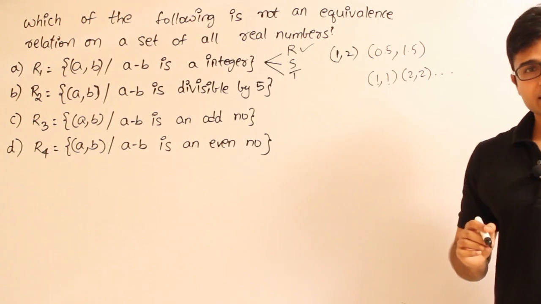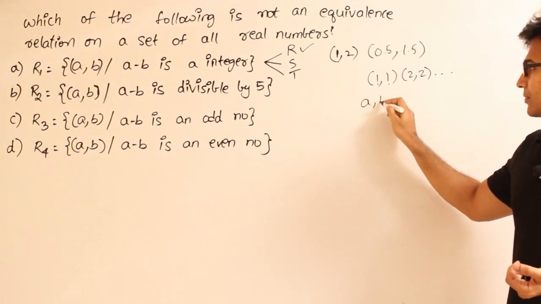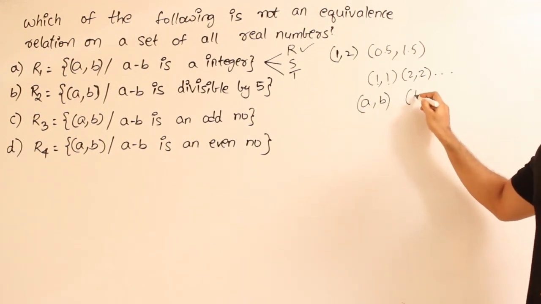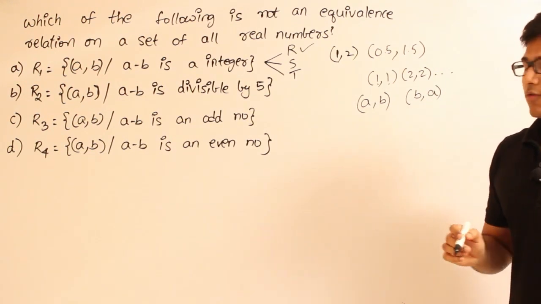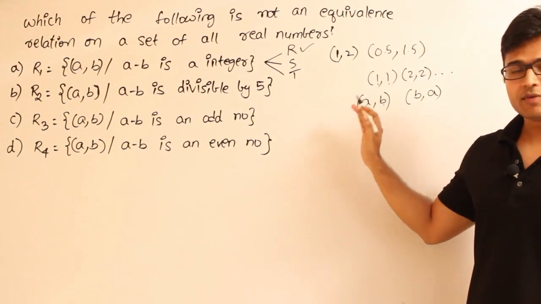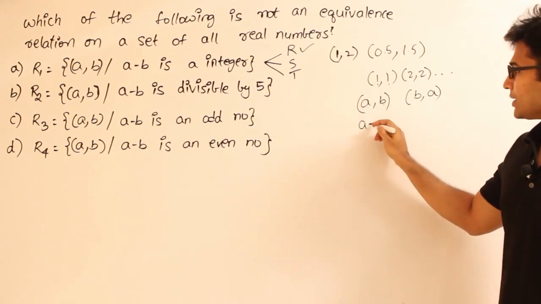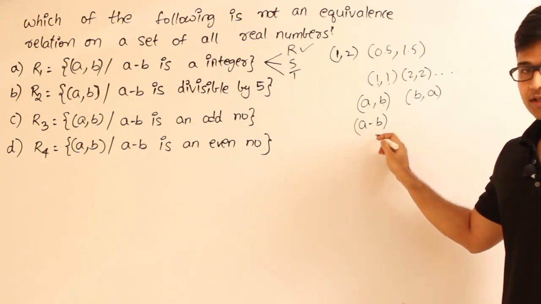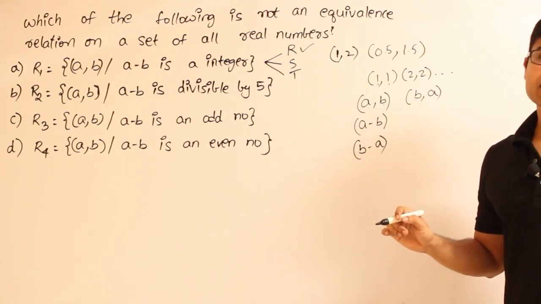So how can we test it? If you have (a, b) belonging to the relation, then (b, a) should also belong to the relation, right? Now when will (a, b) belong to the relation? When the difference a minus b is an integer. If a minus b is an integer, then definitely b minus a is the negative of that integer, which is again an integer.